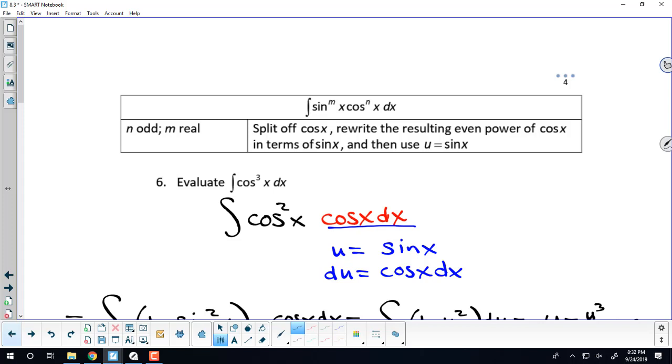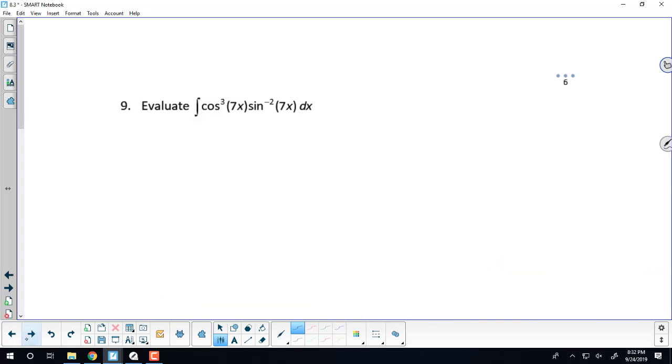So if cosine is odd, sine is any real power, positive or negative, just split off the cosine. It doesn't matter how scary the other power looks, as long as you have a sine or a cosine to an odd power, that's your process. You split one of them off, and then that's your U substitution basically.